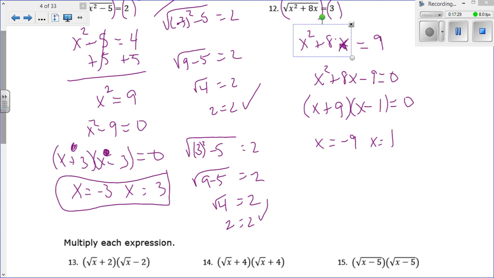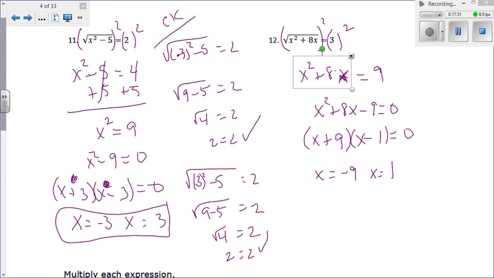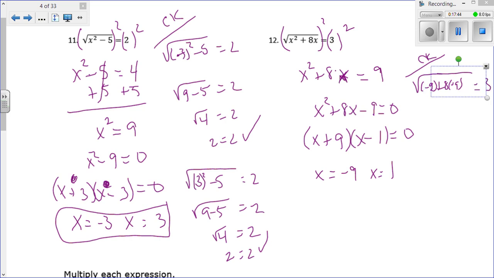Well, it's that time to do your favorite thing. Check. So the square root of negative 9 squared plus 8 times negative 9 equals 3. So the square root of 81 minus 72 equals 3.